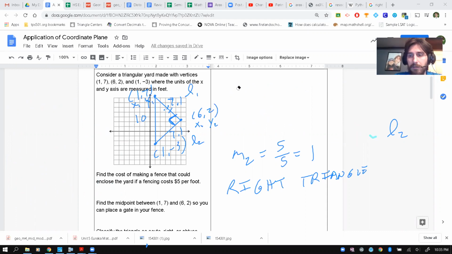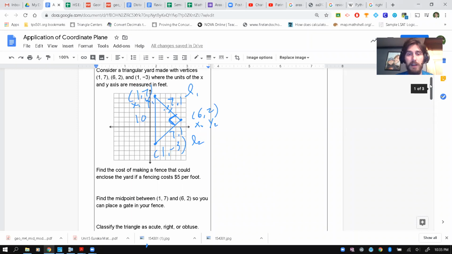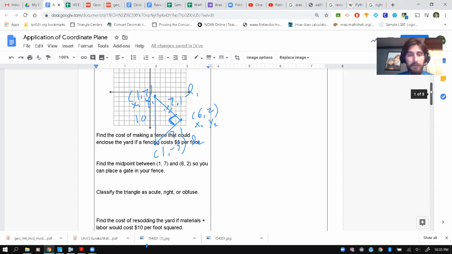You could find the midpoint between any two points, and you could also now hopefully classify what type of shape it is by determining whether or not your lines make right angles, because for a lot of the shapes we'll deal with, you can determine the type of shape if you know the length of its sides and whether or not its angles are 90 degrees.